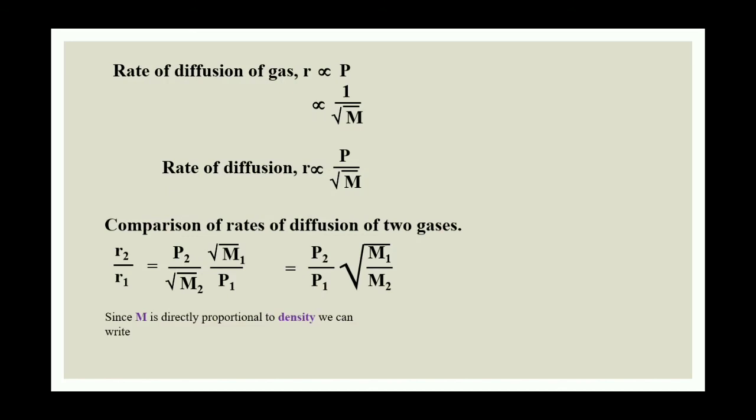From the relationship between density and molar mass, PM is equal to dRT, we can see that density is directly proportional to molecular mass. So in this equation, instead of molecular mass, we can substitute density. So rate of diffusion will be directly proportional to P by root of d, where d is density.